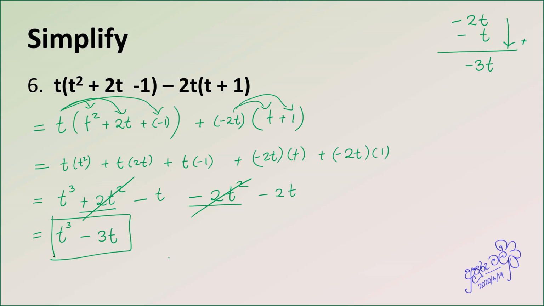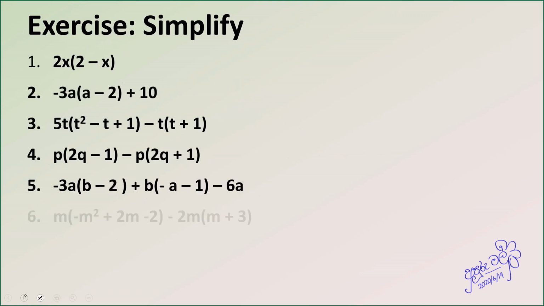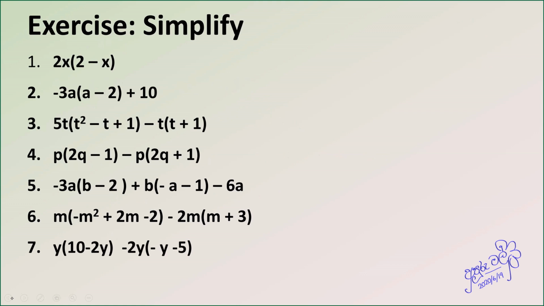So I showed you 6 examples of how to multiply an algebraic term with an algebraic expression and how to simplify it using the parentheses. So now I'm giving you an exercise which has 7 exercises for you.